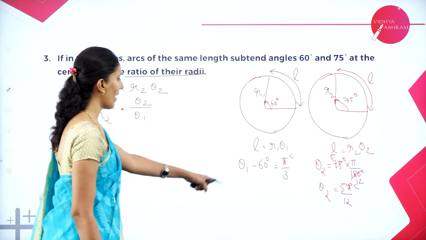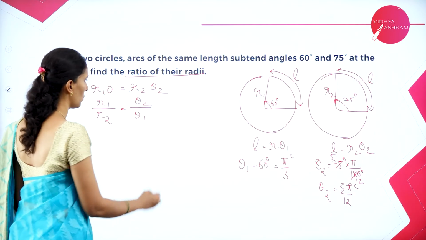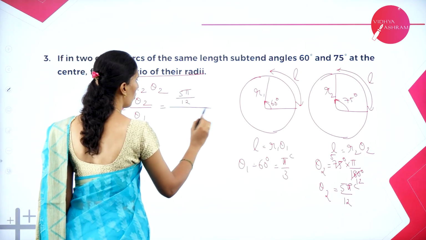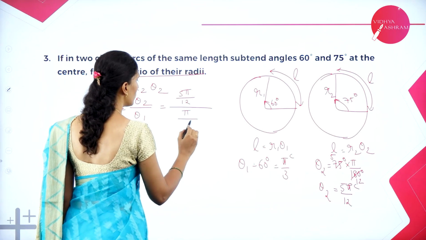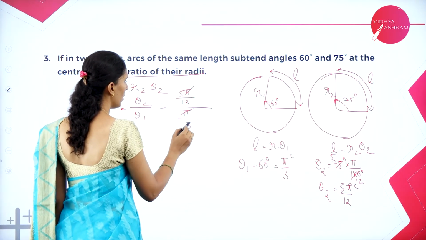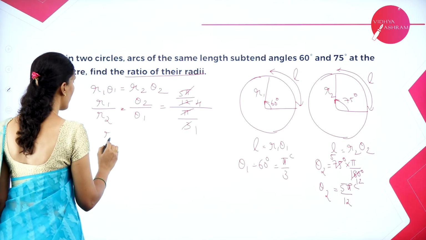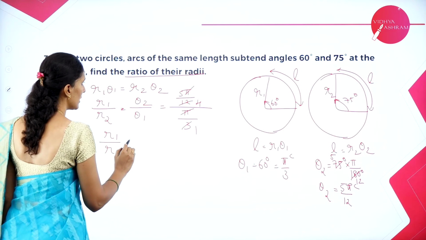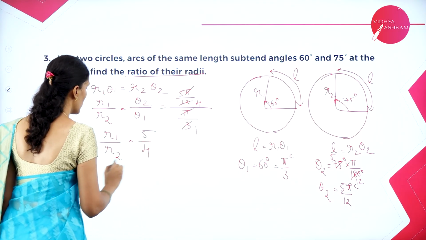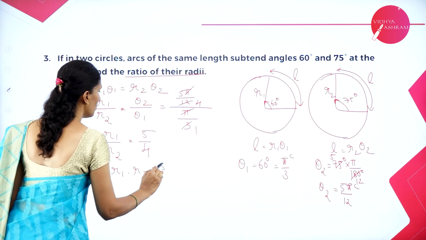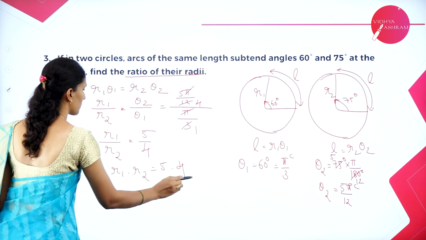Let me substitute the values of theta 1 and theta 2. So R1 by R2 is 5 pi by 12 over pi by 3. We can cancel pi, 3 1s are, 3 4s are. So R1 by R2 is equal to 5 by 4. Therefore, the ratio of R1 to R2 is 5 to 4.